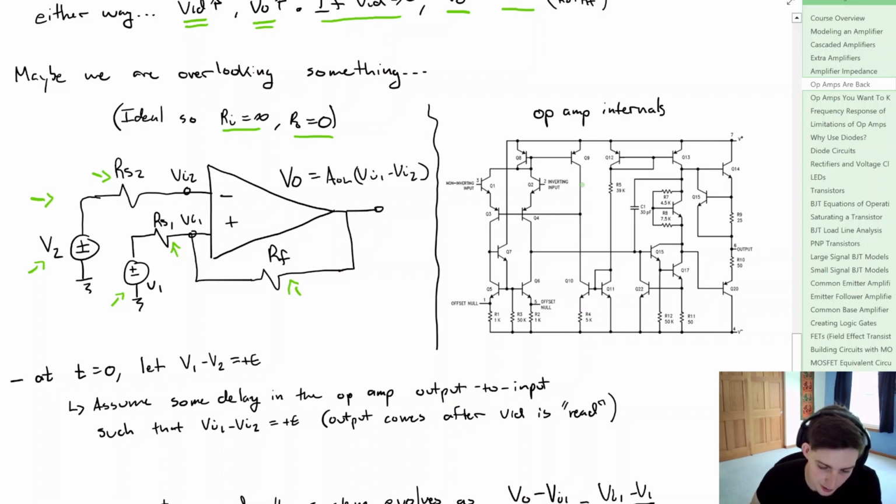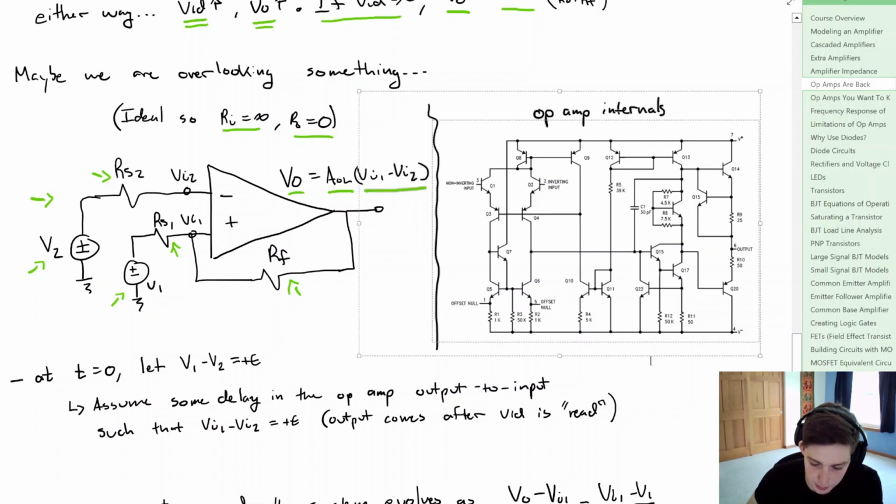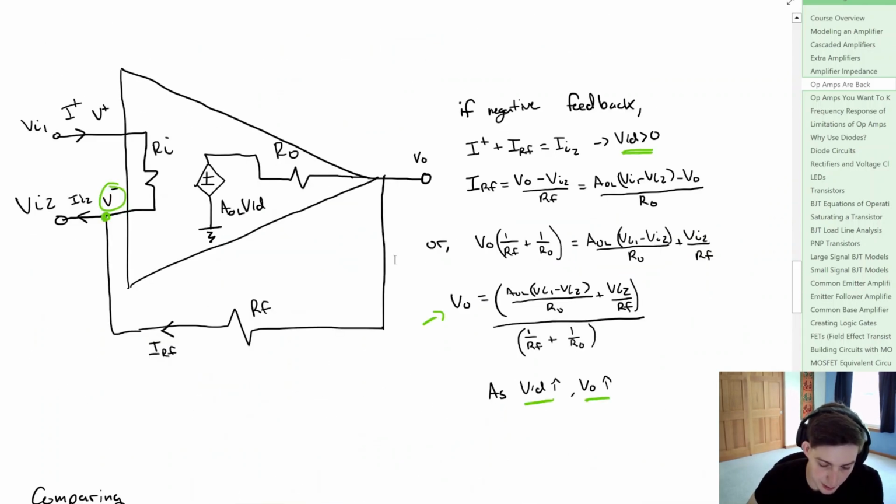Now we're going to say that the output voltage is equal to the open loop voltage gain multiplied by that differential input voltage. And if we look at what's in the internals for an op amp, this is what you might actually expect. Now, it's not the same for every op amp, but it's a lot better representation than what we had up here.